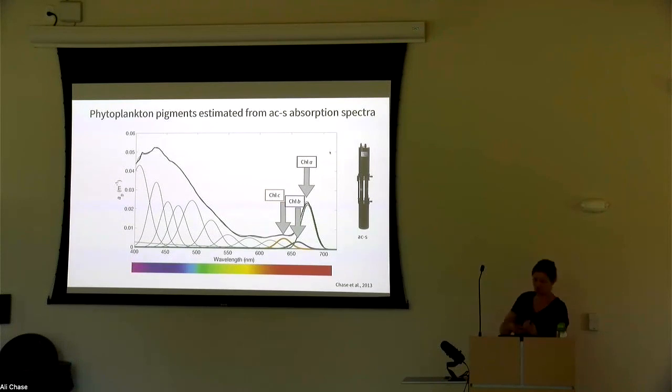We wanted to undo the smoothing so that we could really be sure to extract information on these small, subtle shoulders and local maxima that represent absorption by different pigments. So in this method, we estimate chlorophyll A, chlorophyll C, and chlorophyll B, also grouped photosynthetic, the grouped carotenoids.